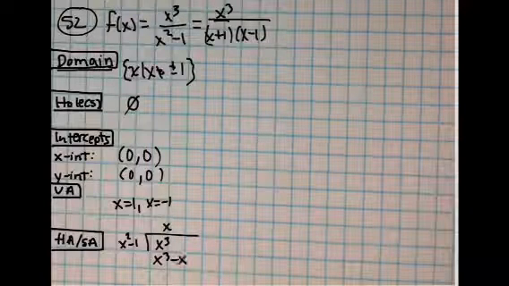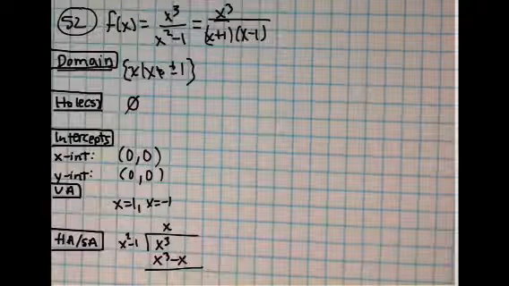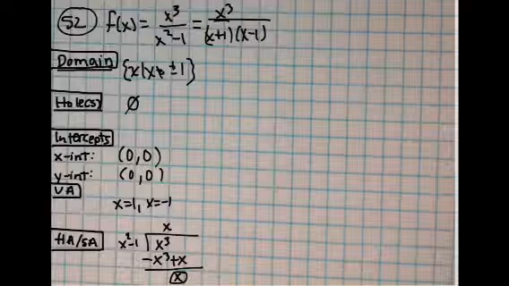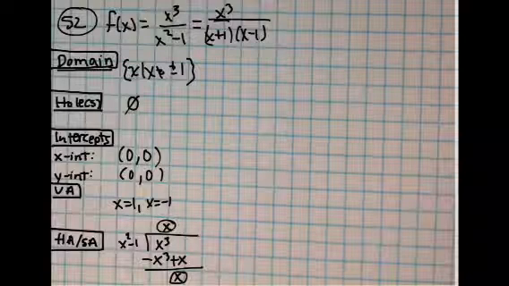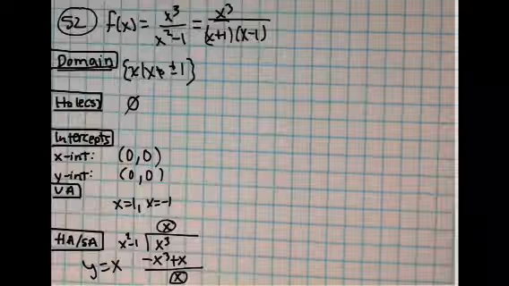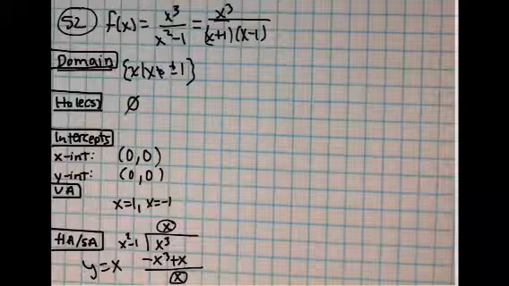We multiply negative x, and so when we subtract, you get x. That's a remainder, but we don't care about it. So then y equals x is your slant asymptote, okay?